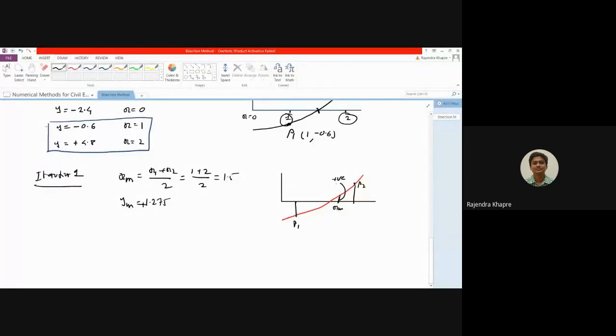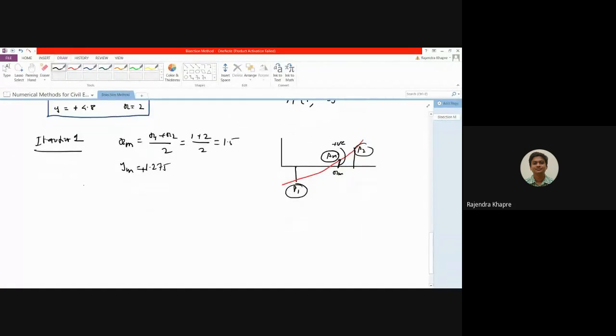So now you have 3 points. One is the p1, one is the p2, and then let us say this point is pm. So now you know that the corresponding y value of xm is non-zero. हमको ये कब तक करना है? जब तक y की वैल्यू जीरो नहीं आती है. In that case, we have to go for bisection between this point and the p1 point. So for this purpose, we have to go for another iteration.